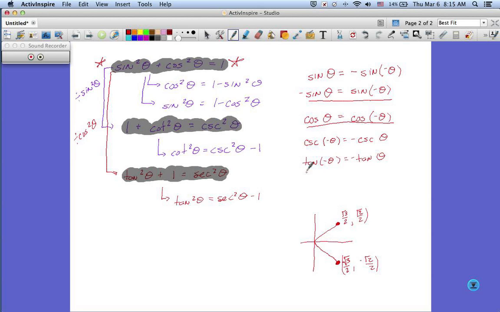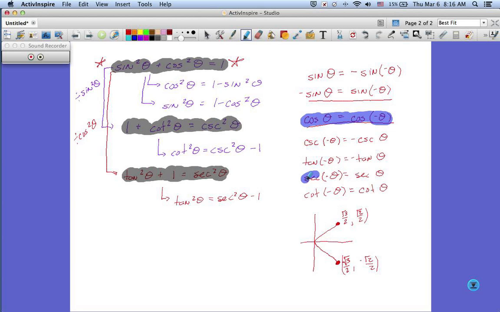And then you have the ones that match up with the cosine here. Your secant of negative theta is the same as secant of theta. Missed my parentheses here. And cotangent of negative theta is the same as cotangent of theta. So the guys that are the same are the ones that relate to cosine, right?